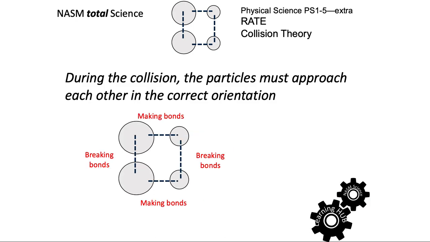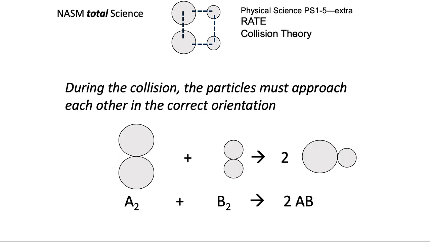And then the bonds in the diatomic molecules, the vertical bonds shown here, are breaking, and the horizontal bonds between the two atoms A and B, top and bottom, are making the bonds. So again, looking at the formula, what is happening.